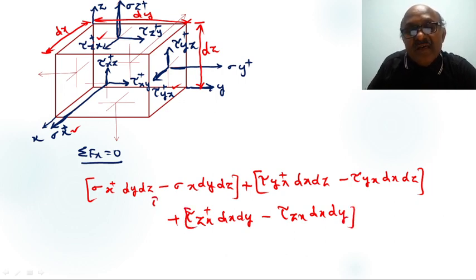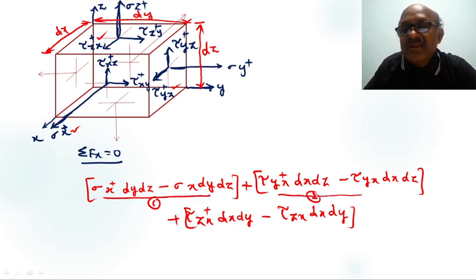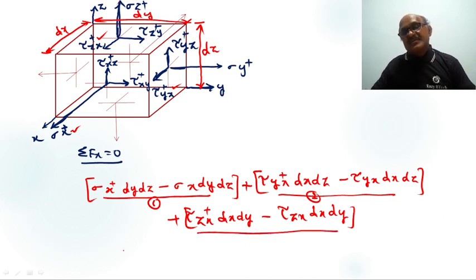So this is the first term, this is the second term, here it is the third term. I am solving all these terms. We are finding the equilibrium equation in x direction.